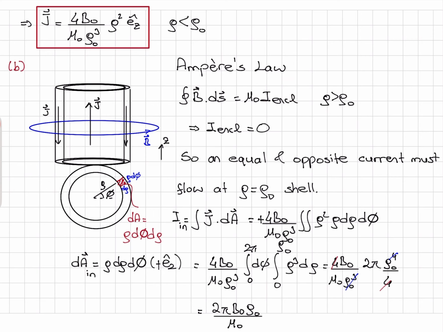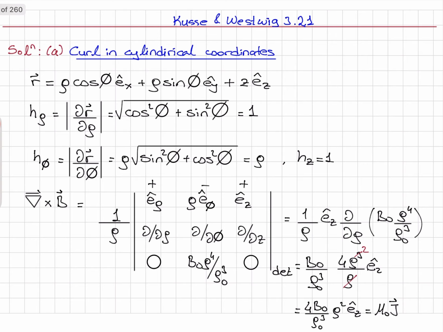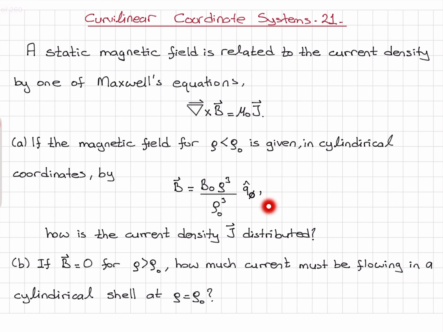All right, so for this problem, we know the magnetic field inside is given by this expression and outside is zero. And we can use Maxwell's equation, curl B is equal to mu 0 J. If we do the integral of curl B dot d sigma, we would get the closed contour integral B dot ds, and that's equal to mu 0 times current enclosed.